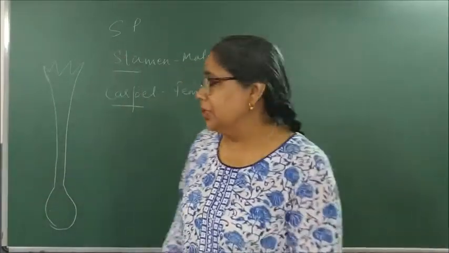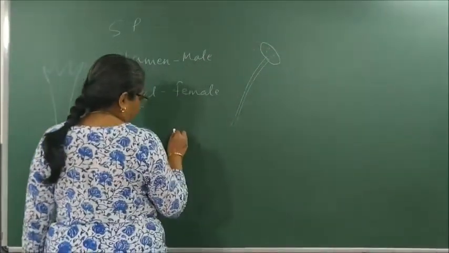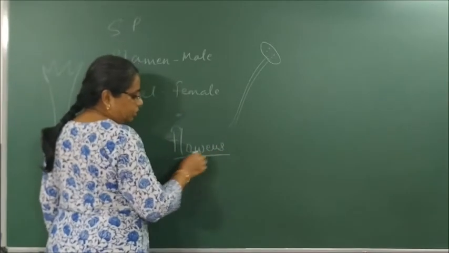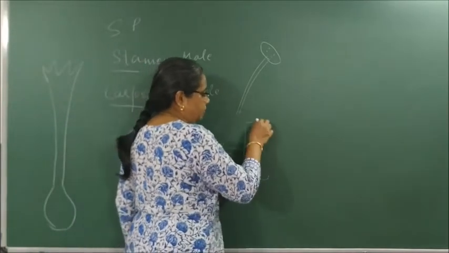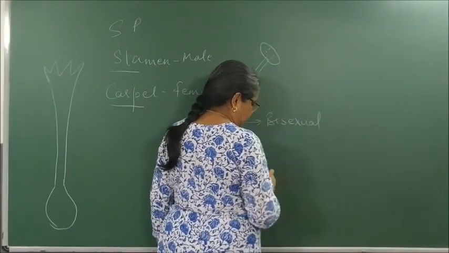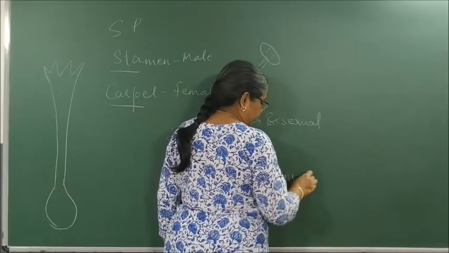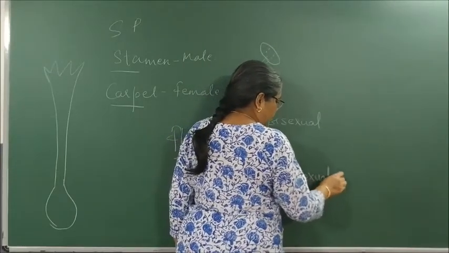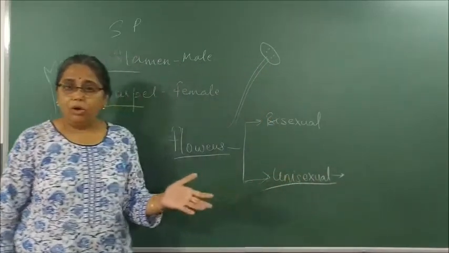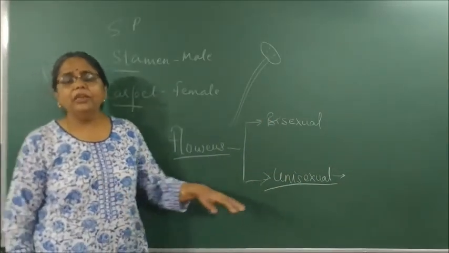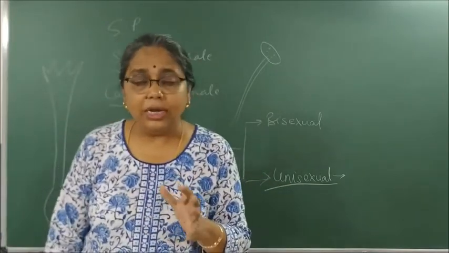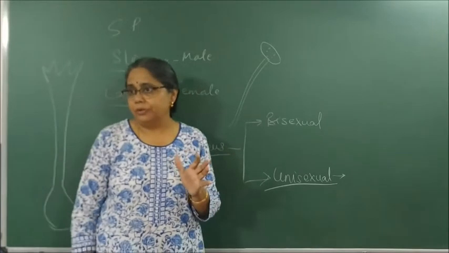Now, see, the flowers in any plant can be of two types. What are the two types? Bisexual flowers and unisexual flowers. Unisexual means it can be either a male flower or a female flower. This you will see a lot of times in papaya, which gives flowers but does not give fruits.